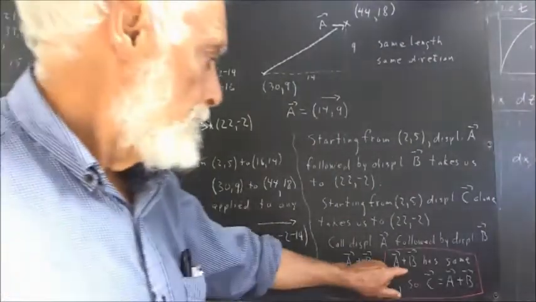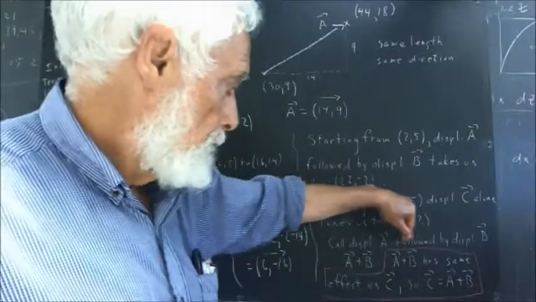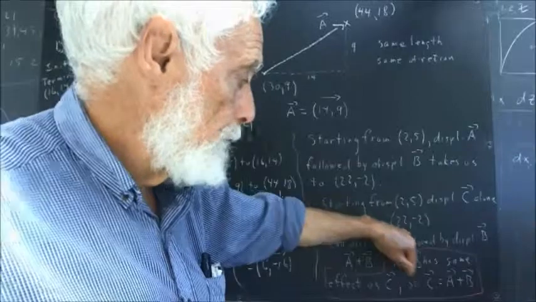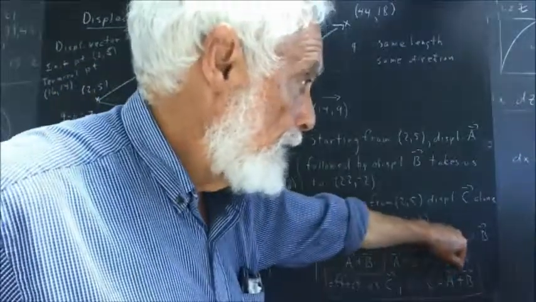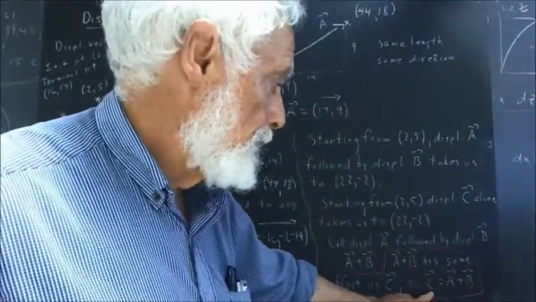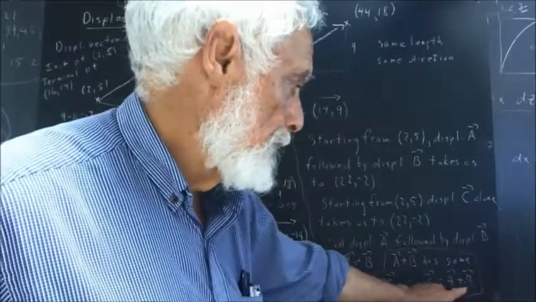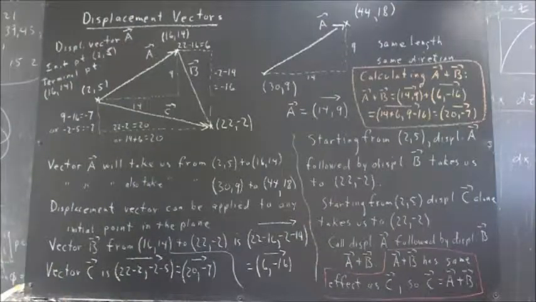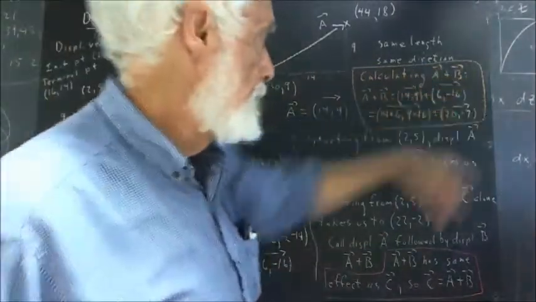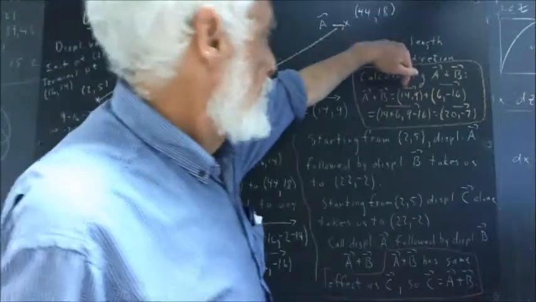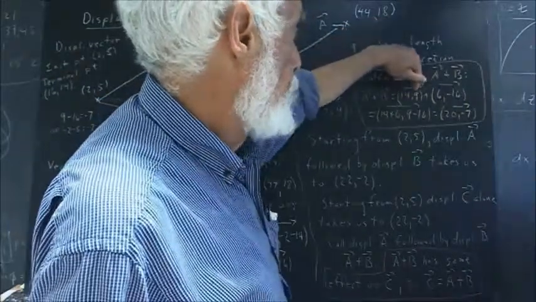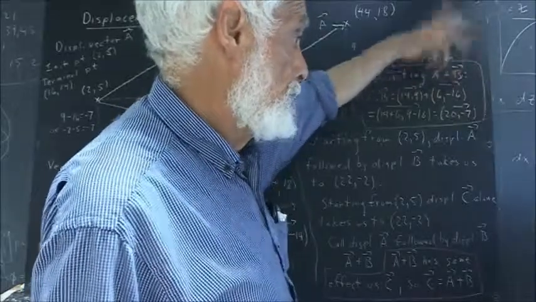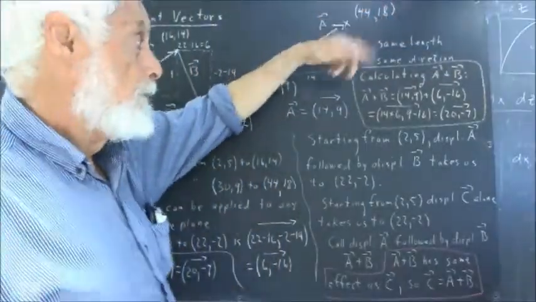So we state that here, surrounded by red. Okay, A plus B has the same effect as C, so we say that C is equal to A plus B. The displacement vector C has the same effect as the displacement vector A plus the displacement vector B. And now it's clear that we can calculate A plus B by simply taking the ordered pair 14, 9 with the arrow over it to indicate it's a vector, and 6, negative 16, again with an arrow over it.